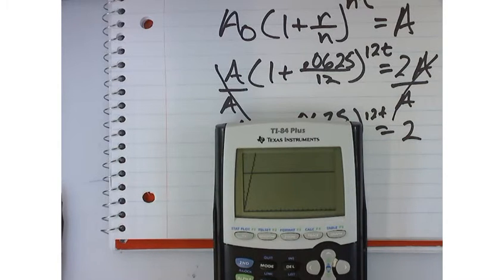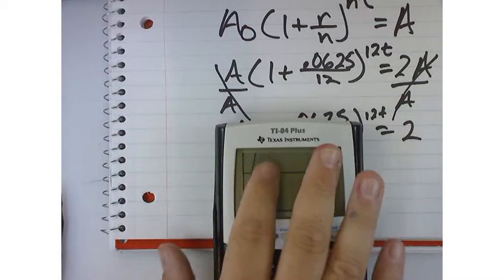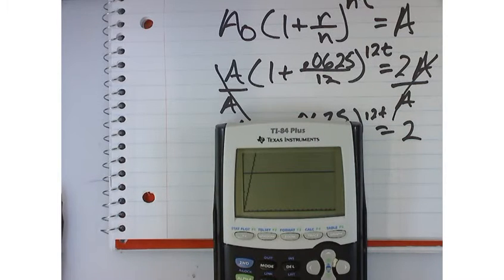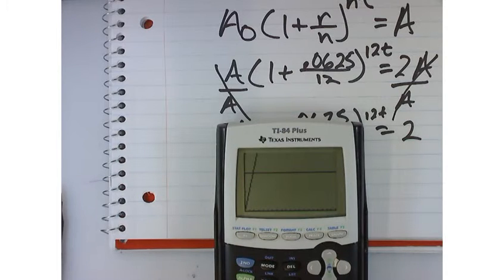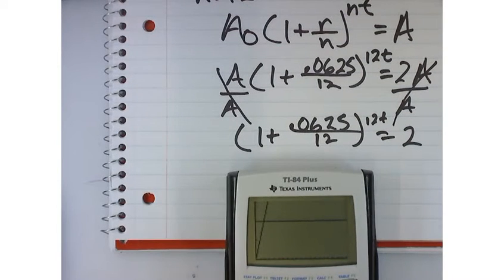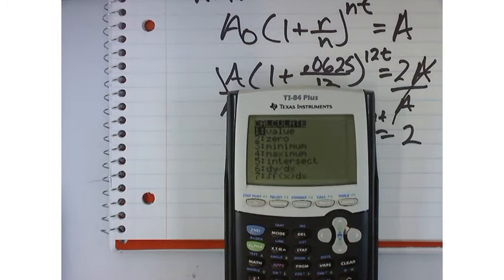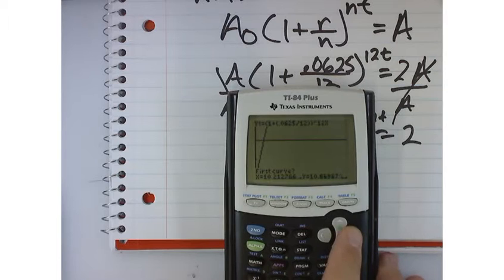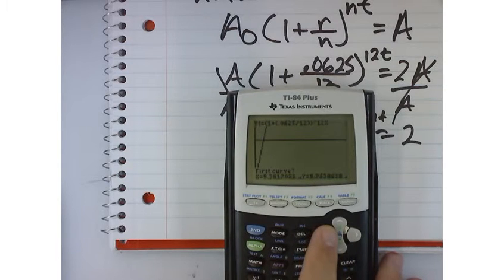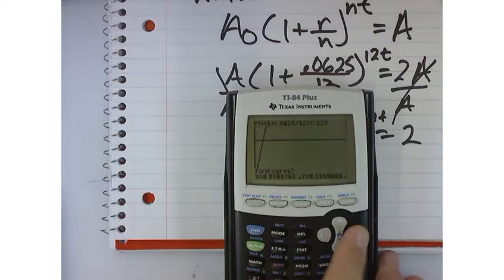So now that I see the two lines, this line here represents the exponential growth, and the horizontal line represents y equals 2. So now I can hit second calc. If I hit second calc, I can choose option number 5, and option number 5 will let me figure out the intersection of those two lines. So first curve, I got to make sure that the curve is somewhere near my answer, and I can't even see it on the screen, can I?